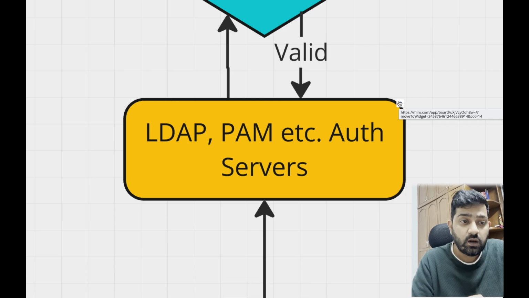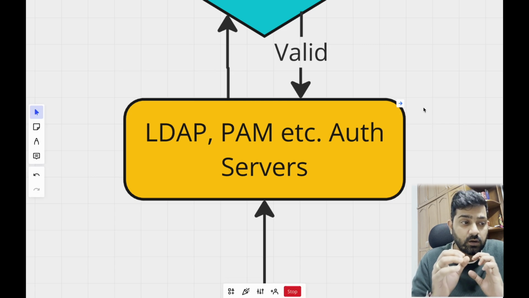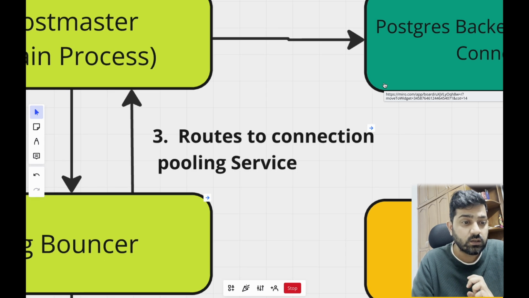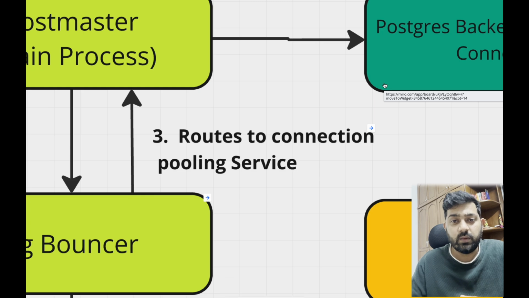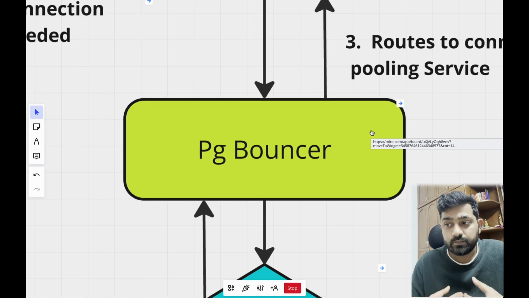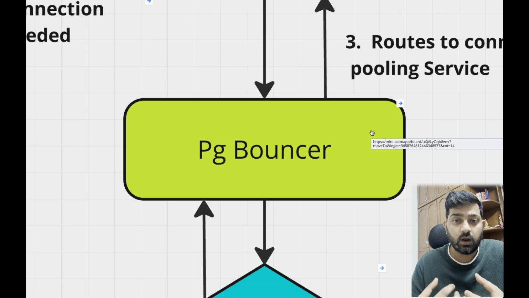If your credentials are valid, the request goes to a connection pooler service, which in this case is PgBouncer. PgBouncer is responsible for making sure that it can give an active or idle connection to the request that comes in, and it also manages the number of connections it can give or easily use for handling these types of requests.